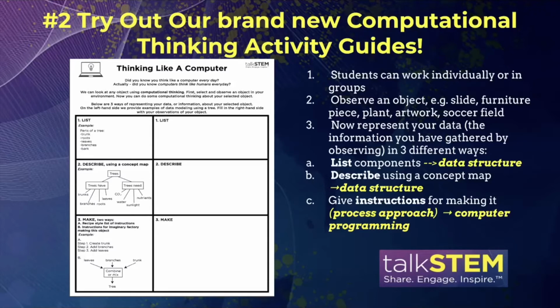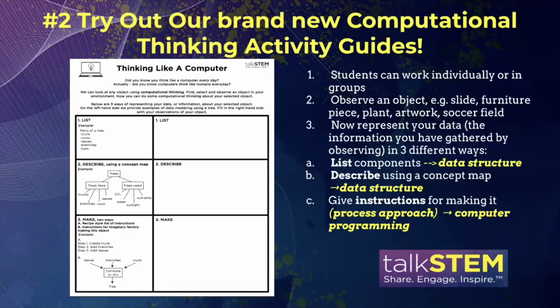The third one, as Paul explained, is slightly different, and it's more a process approach, where you can imagine providing a list of instructions for some sort of imaginary factory, is how I would put it to a child. And that's really analogous to computer programming.